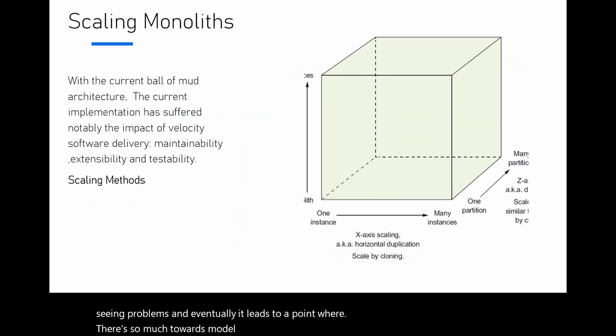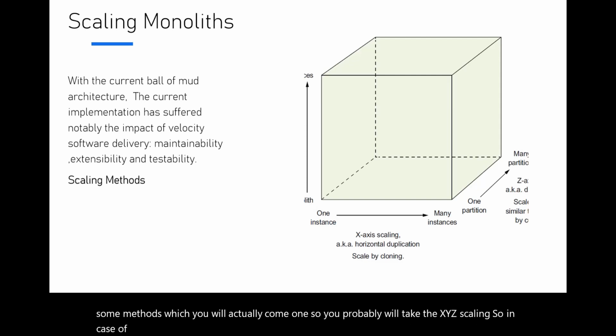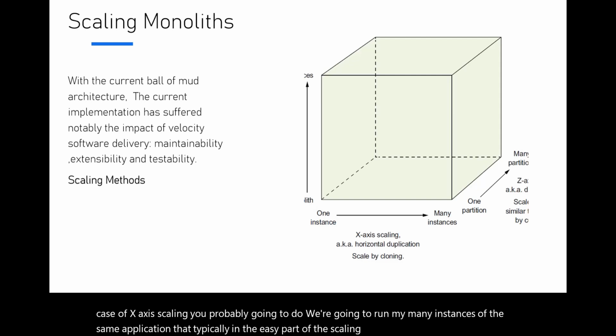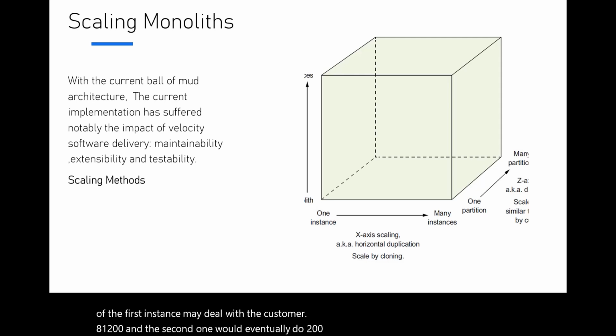Now, when you're scaling monoliths, there are some methods you will come across. You will probably take the XYZ scaling. In the case of x-axis scaling, you run many instances of the same application. In the Z part of the scaling, you try to run multiple instances with some breakdown, where the first instance may deal with customer IDs from 1 to 100, the second one deals with 100 to 200, and so on.